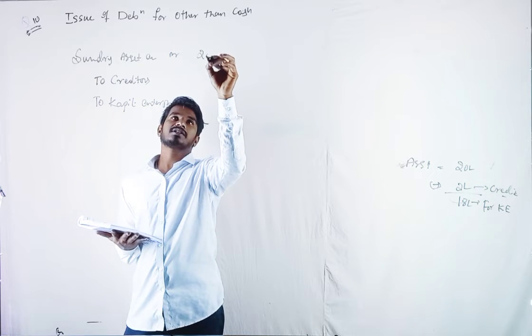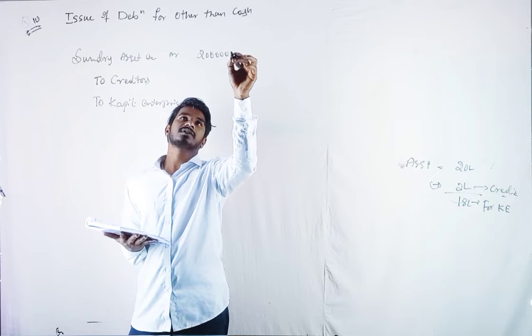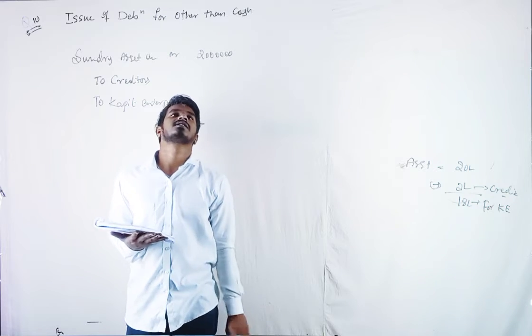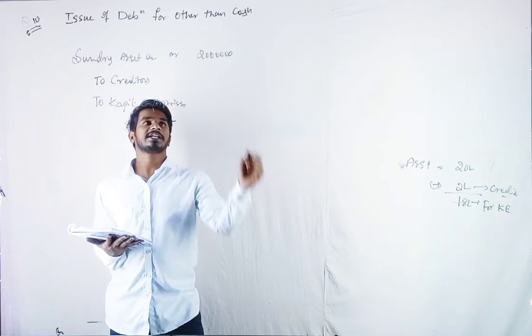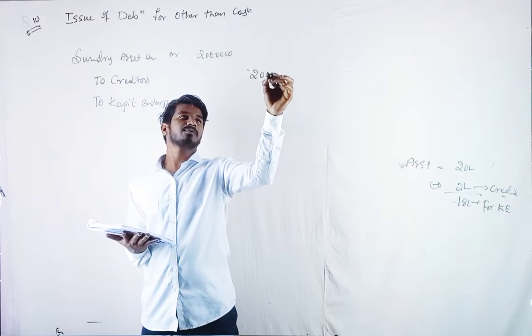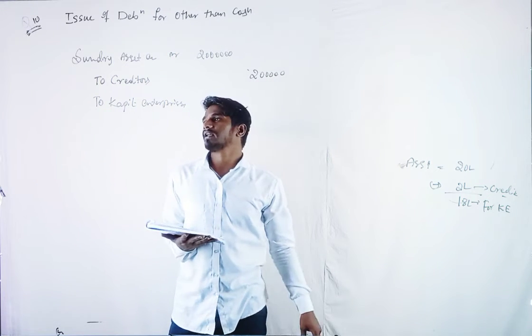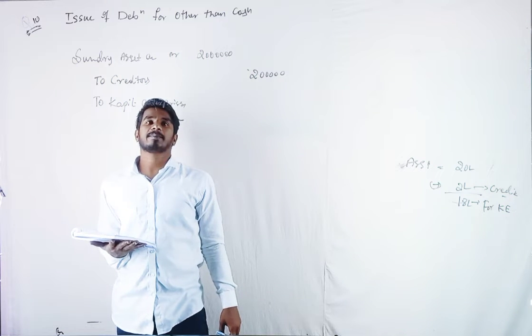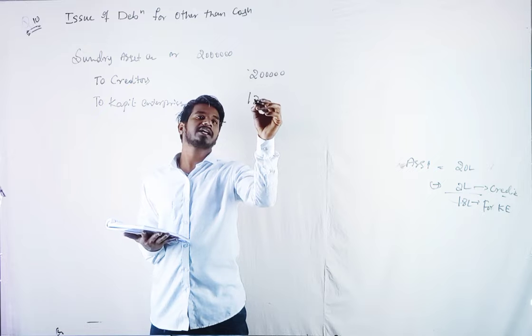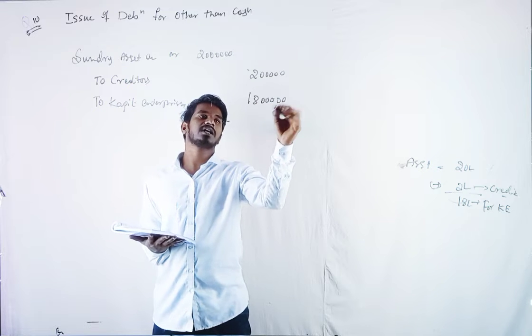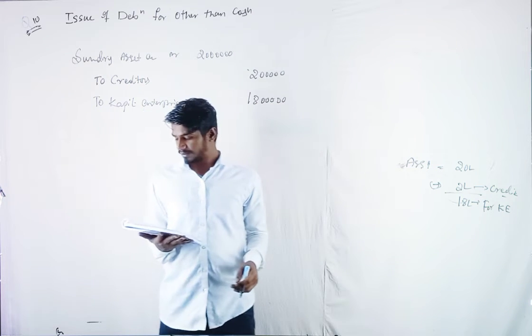Asset value is 20 lakh. To creditors, how much should we pay? 2 lakh rupees. To Kapil Enterprises, how much should we pay? The remaining 18 lakh we should pay to Kapil Enterprises.